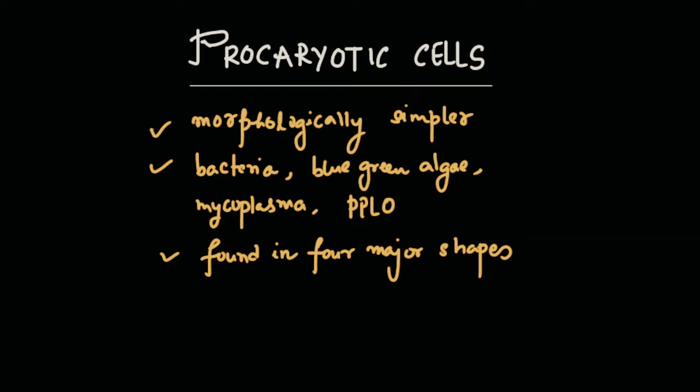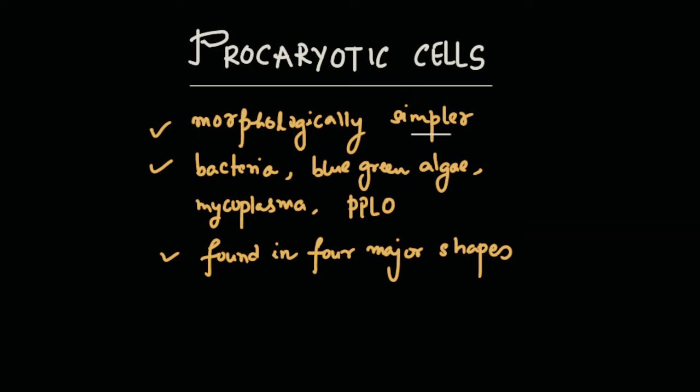In this lesson, we will learn about prokaryotic cells and prokaryotic cell organization. Prokaryotic cells are morphologically much simpler compared to eukaryotic cells, but they have their own characteristics. The organelles in prokaryotic cells differ from that of the eukaryotic cells.